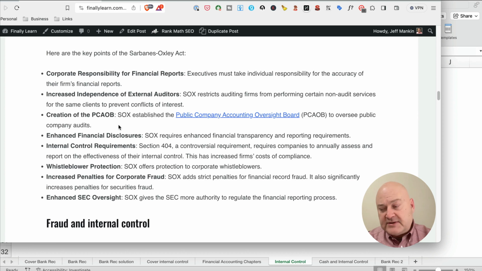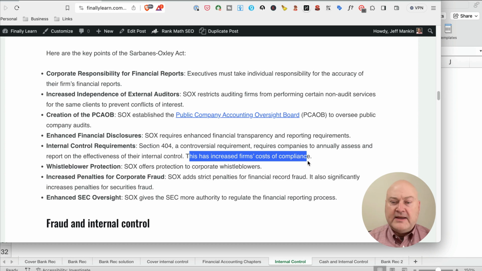And so then there are some ways for companies and for auditors to reach out and say, hey, what is the standard? Here's what we're finding, or I can be a whistleblower or whatever. Enhanced financial disclosures, they required more financial transparency. There are more internal control requirements in Section 404 of SOX. It requires companies to annually assess and report. And so the one problem is this is increasing the cost of compliance.